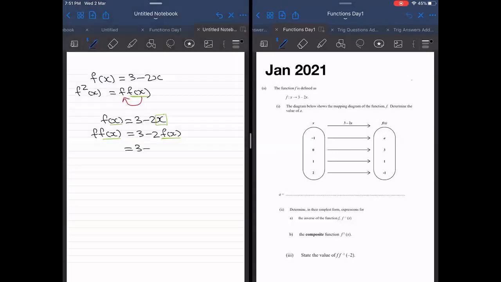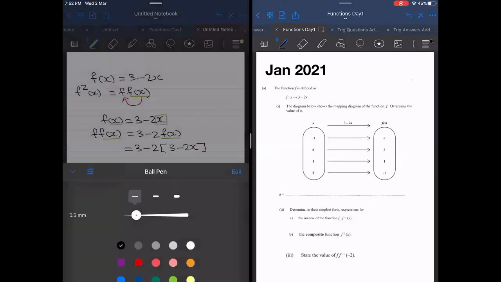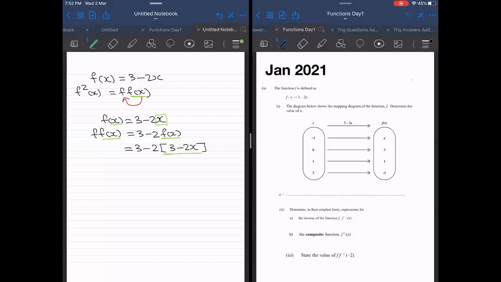And what is f of x? f of x is 3 minus 2x. So rather than putting in a number, I had to put in a function.